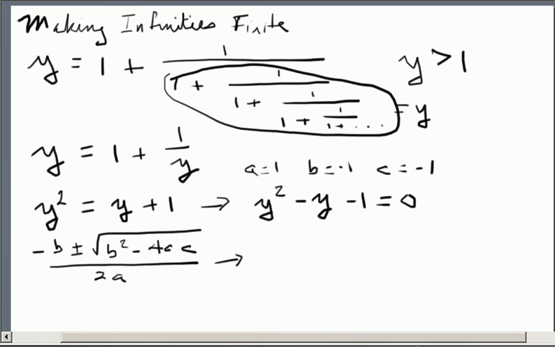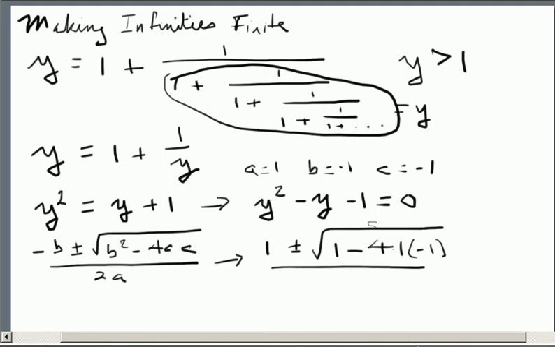So this gives you b is minus 1, so that's 1, plus or minus the square root of 1, so minus 1 squared is 1, minus 4 times 1 times minus 1. So this is minus minus, so this whole thing is 5. And then the whole thing is over 2a. a is 1. So that's 2 times 1.